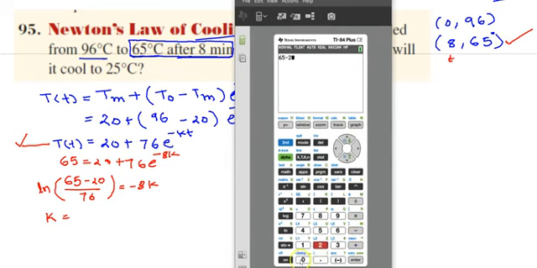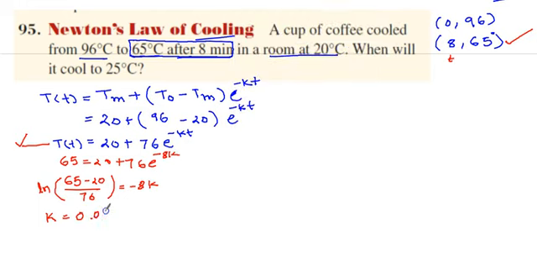Order of operation is important. 65 minus 20, enter. Divide by 76, enter. ln of second and answer, enter, and divide by negative 8, enter. So this is your k value, 0.0655. So let's finalize our model.